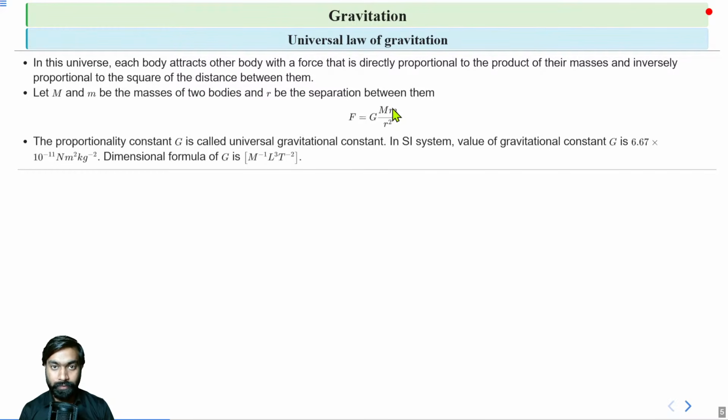In the SI system, the value of the gravitational constant G is 6.67 times 10 raised to the power minus 11 Newton meter square per kg square. Alright, so this is the unit and this is most important for the exam. And if we talk about the dimensional formula, the dimensional formula of G is M inverse L cube T raised to the power minus 2. Alright everyone, I hope the universal law of gravitation is clear. Yes or no?